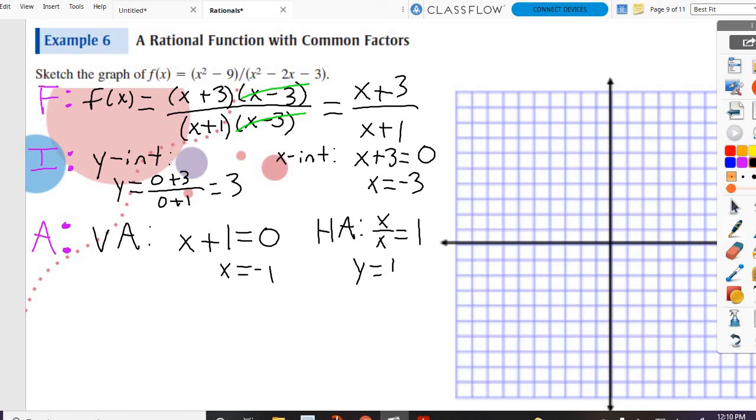So we just get y equals 1. So then I'm just plotting the stuff that we found. And then our last step is going to be to do our test points.